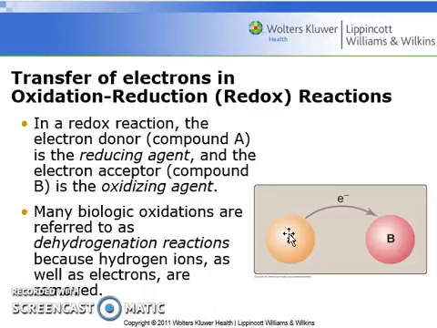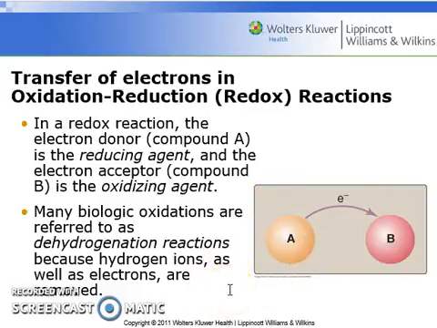The electron donor is going to be the reducing agent because it is giving away its electron to another compound. Compound B is going to be the oxidizing agent because it was originally oxidized, but now it's being reduced because it's accepting the electron that's coming from compound A.